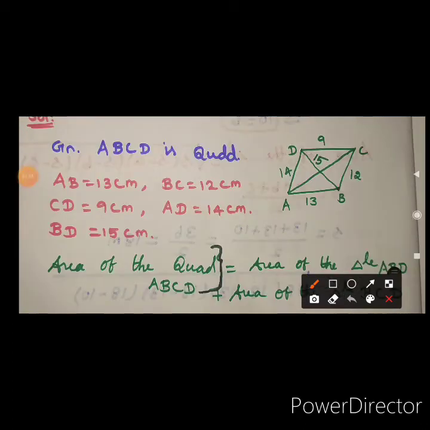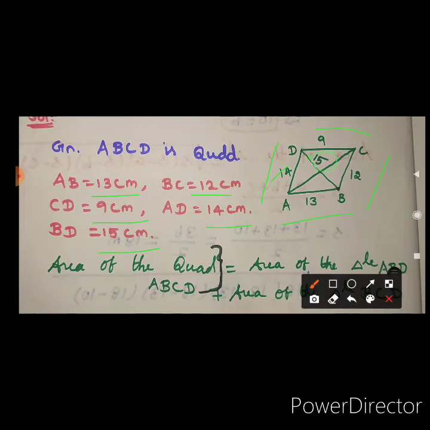I draw the quadrilateral AB, BC, CD and DA. AB is equal to 13, BC is equal to 12, CD is equal to 9, AD is equal to 14. Then this is the diagonal, diagonal BD is 15 centimeter.